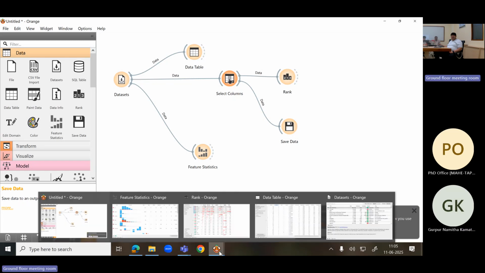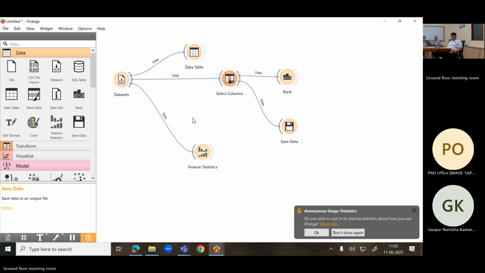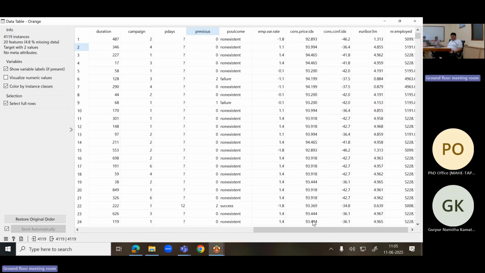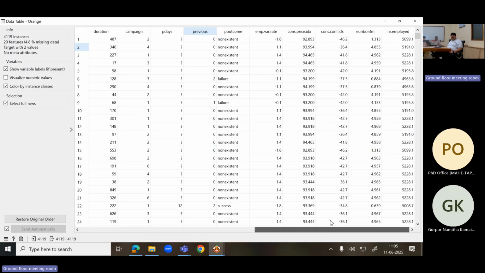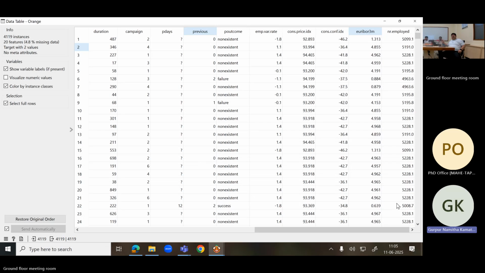Either I can take a screenshot from here itself, click on the data table, because I want to know how these individual values come. Because Sir, in the paper, on page number 28, it is saying that a lower Euribor is not related to the customer thing.